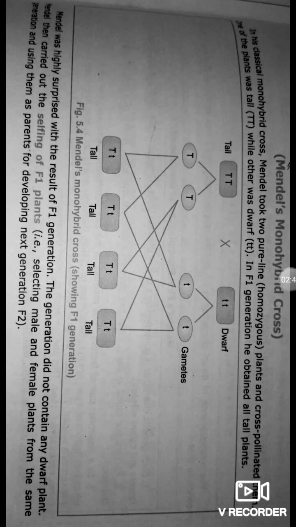Then he carried out selfing of F1 plants, that is, selecting male and female plants from the same generation and using them as parents for developing the next F2 generation.